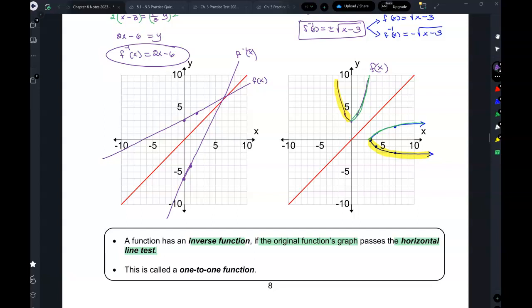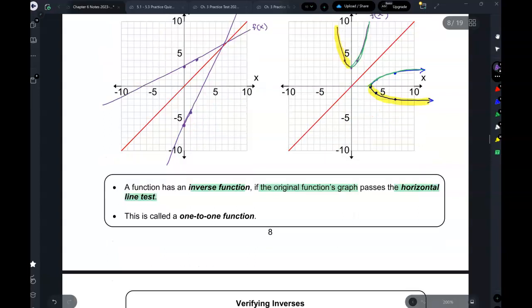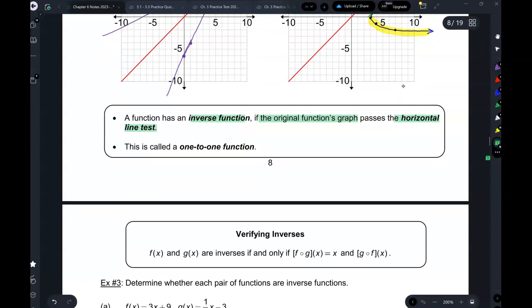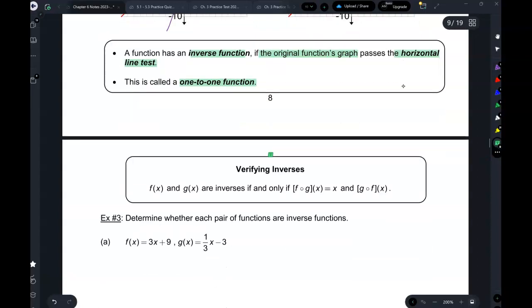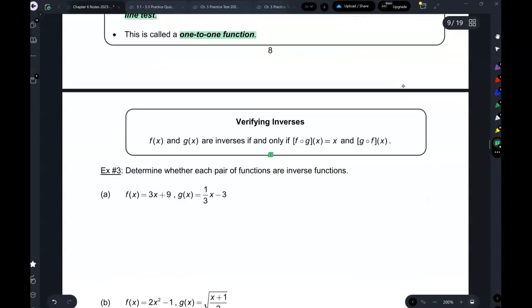Now, if a function passes the horizontal line test, then its inverse will be a function, because I have function, inverse, it's just lying on its side. So since this does not pass the horizontal line test, its inverse will not pass the vertical line test. So if it passes the horizontal line test, it's called a one-to-one function.